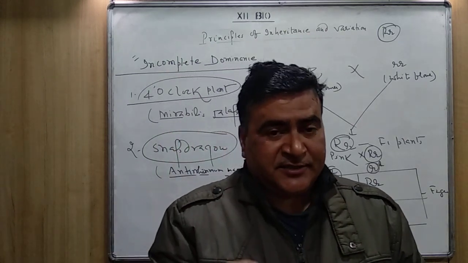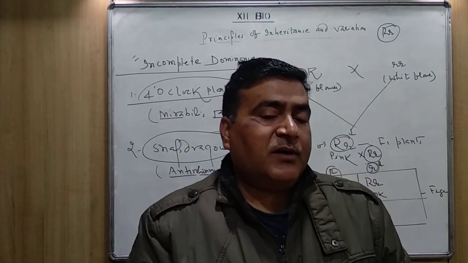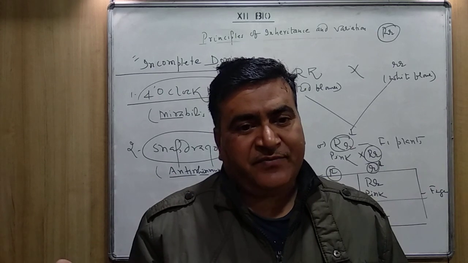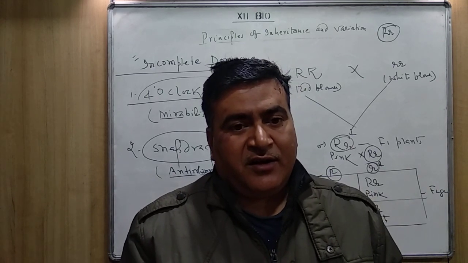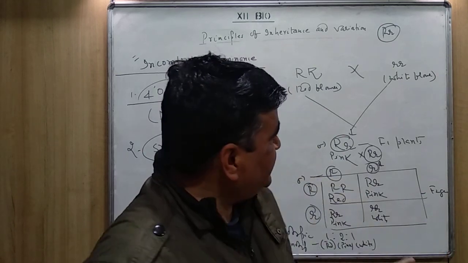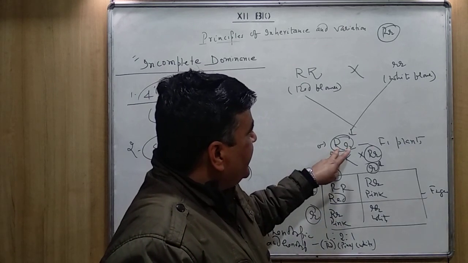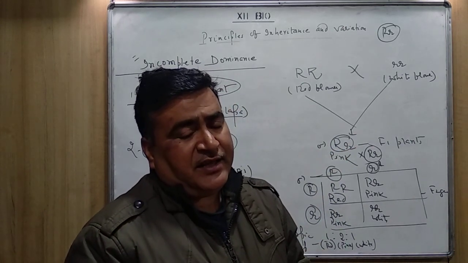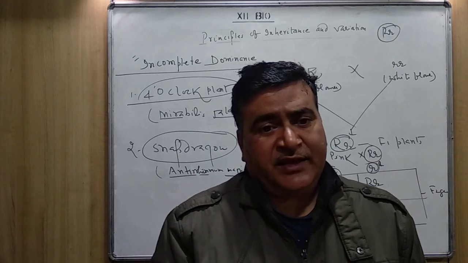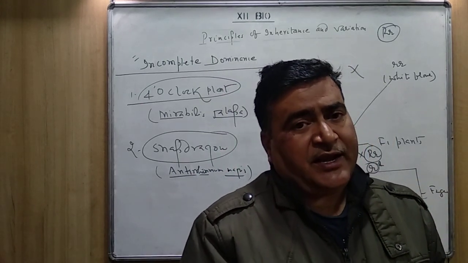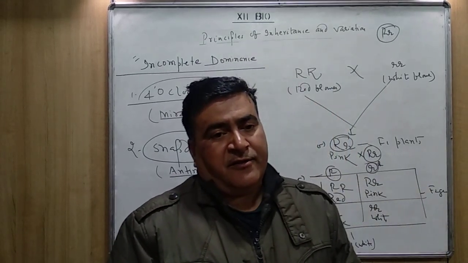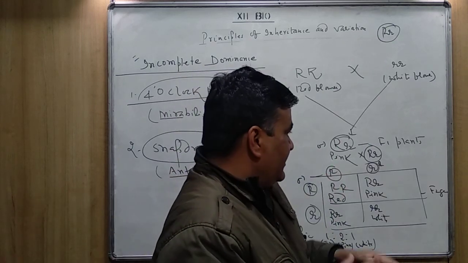But in these two plants, the 4 o'clock plant and snapdragon, the law of dominance was completely absent, or you can say the law of dominance is not applicable. The dominant and recessive alleles, as per Mendel, both mix together and combine and produce an intermediate character, and due to the combined effect of the red and white, the flower color was pink.